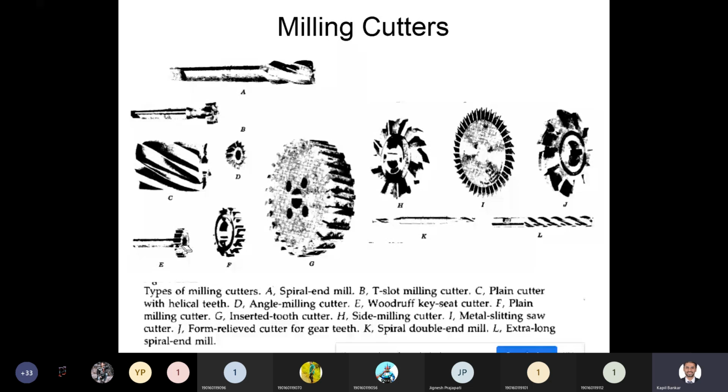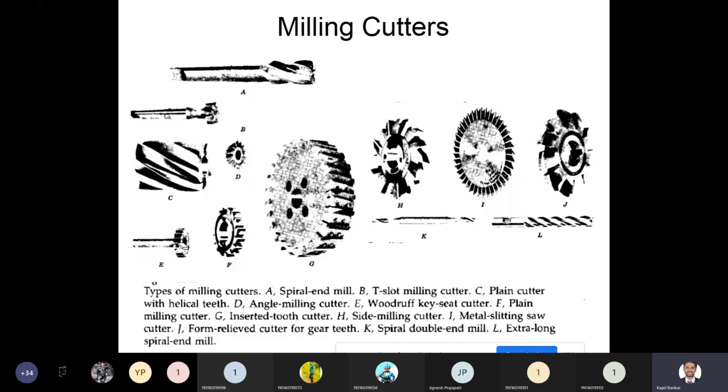Then this is called Woodruff key seat cutter. Okay, with the help of this cutter you can create a seat for the Woodruff key on any shaft. Suppose if you want to mount any cutter on the arbor or shaft, you can fix your cutter on the arbor or the shaft with the help of a key, and that key can be fitted on the shaft.